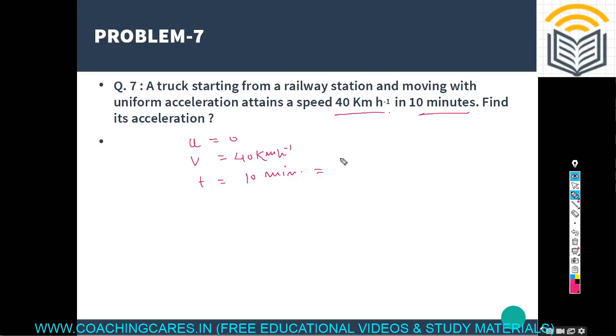So we can convert it to hours, that is nothing but 1 by 6 hour.